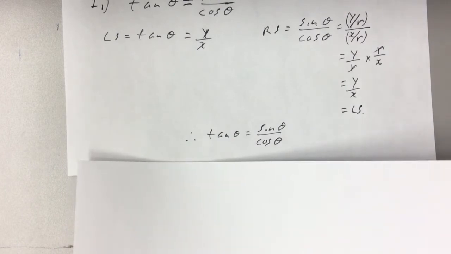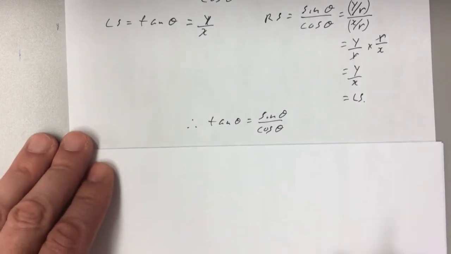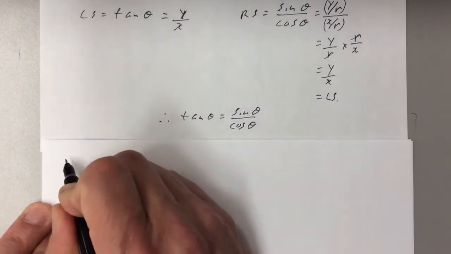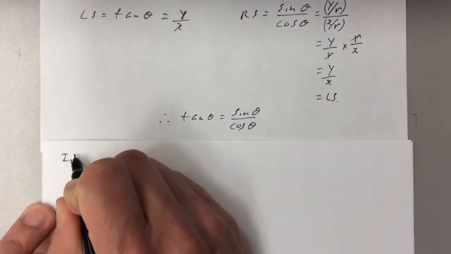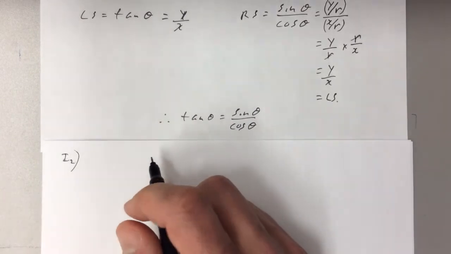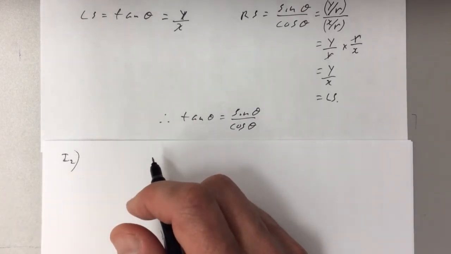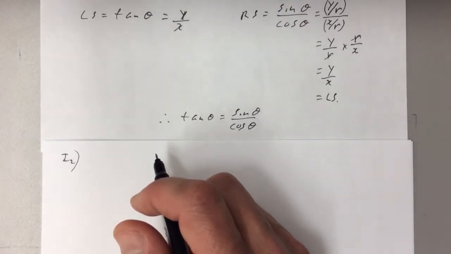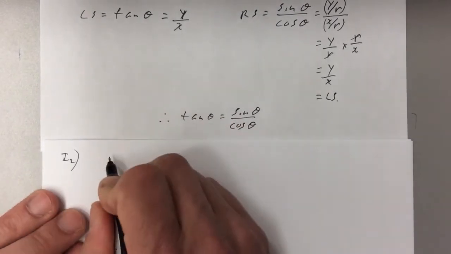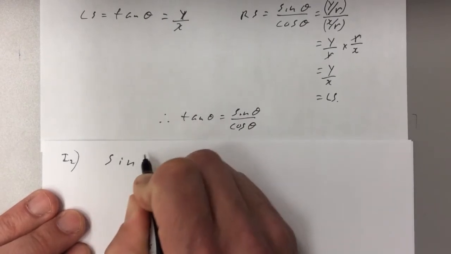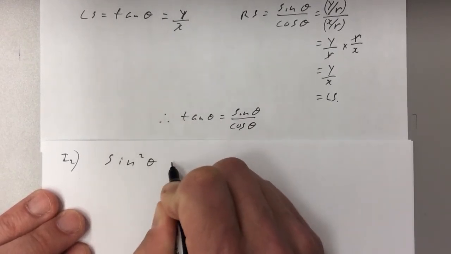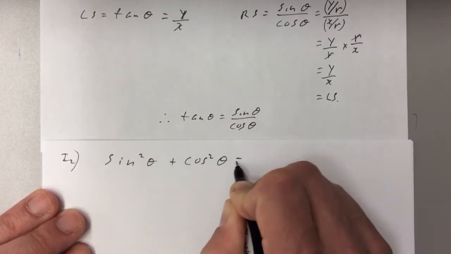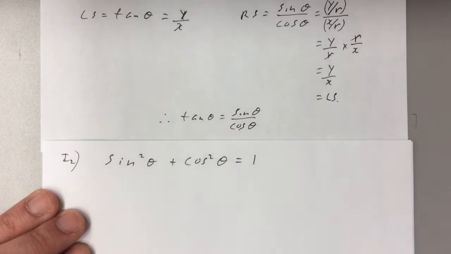But now we're going to look at the second identity. Okay. So identity 2, this one's going to be called the Pythagorean identity, because it uses the Pythagorean theorem, basically. So this one is sine squared theta plus cos squared theta equals 1.